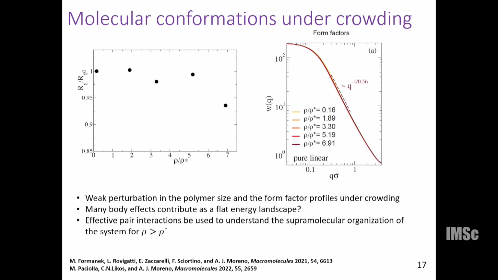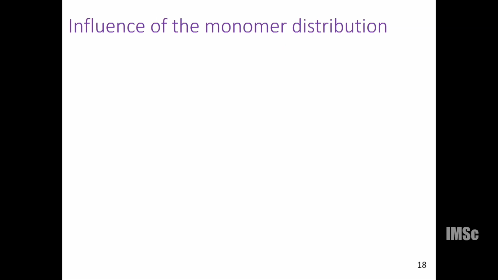This was needed to reduce the computational cost. For example, you can find the interaction potential of two single chain nanoparticles and use that potential in a high density system or supramolecular organization. If you are interested, you can have a look at these papers.